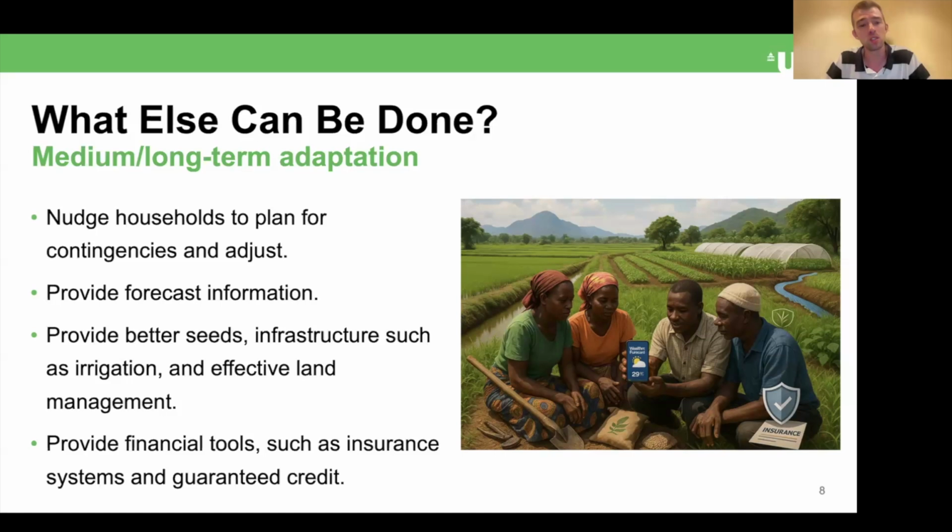Providing forecast information in the context of farmers, for example information about the weather forecast for the season, is a very useful thing to do and can help in adjusting and preparing for the season. Providing better seeds, infrastructure such as irrigation, and effective land management are important components that can help adaptation. And finally, providing financial tools such as insurance systems and guaranteed credit can make farmers, but also other types of livelihoods, more resilient.